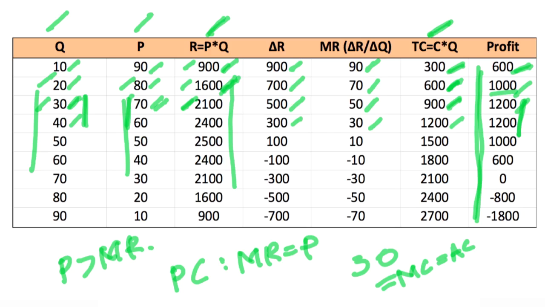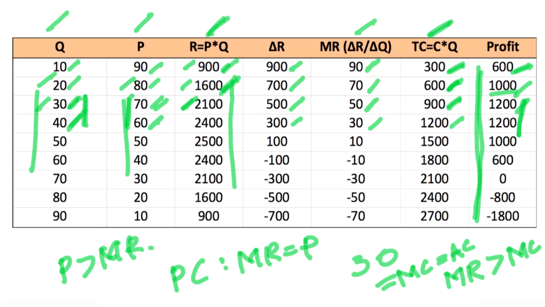So we can use the same logic, and instead of price, we can now say that the monopolist should continue producing as long as its marginal revenue is greater than marginal cost. So let's look at the marginal revenue. Marginal revenue is given here, and the marginal cost is of course 30. So that means that you should not produce more than 40 units and the price should be 60. So we get the same result again.